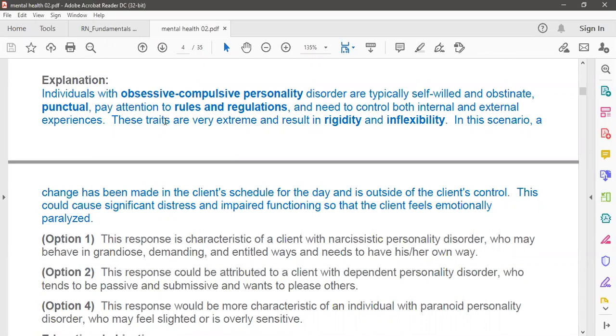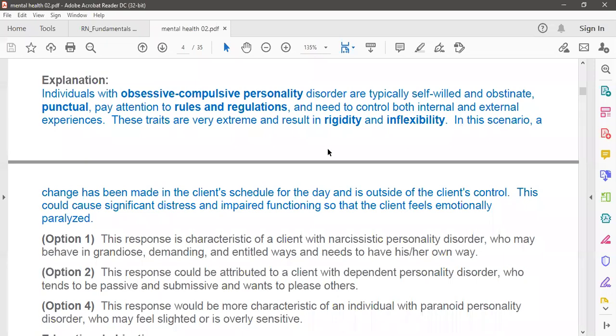These traits, meaning character or nature, are very extreme and result in rigidity and inflexibility. So as an RN, when we deal with them, always try to help the patient set a time limit for compulsive behavior. Because this patient has a cognitive problem.